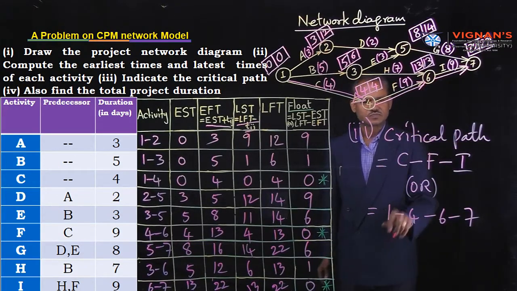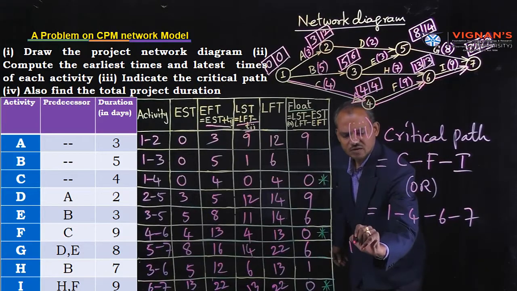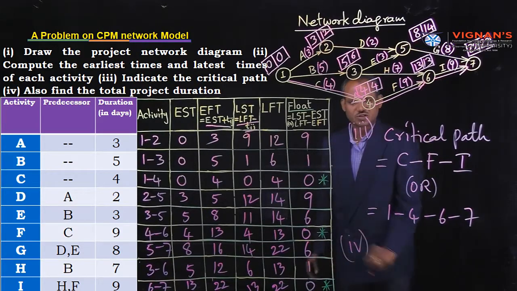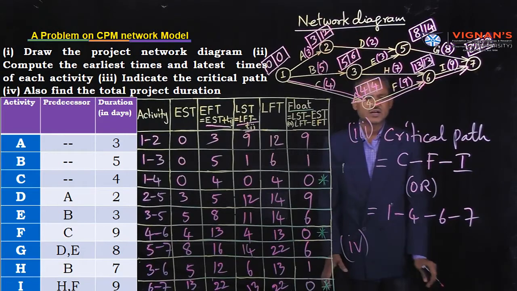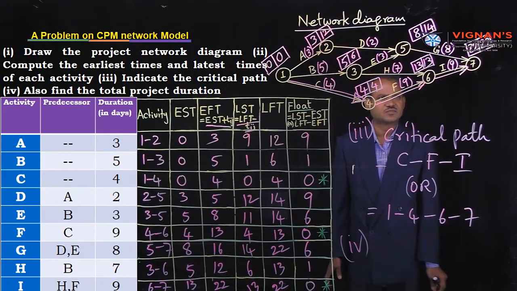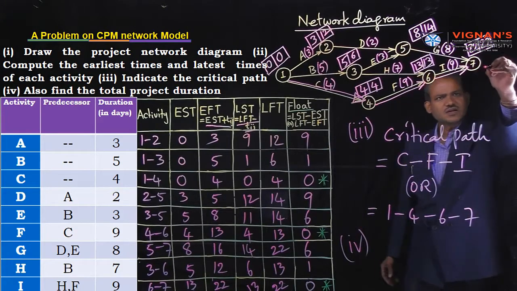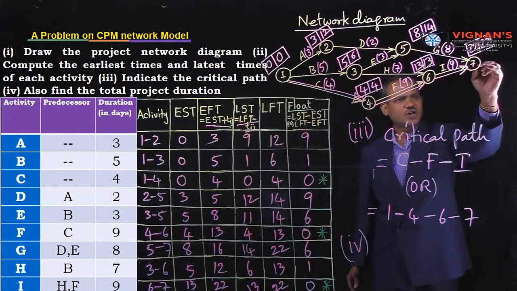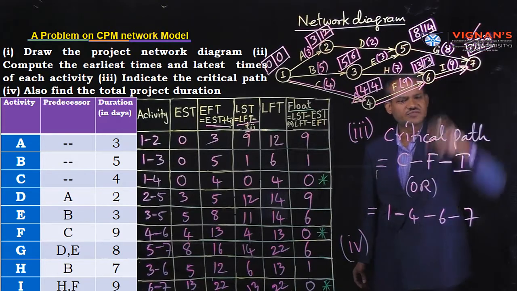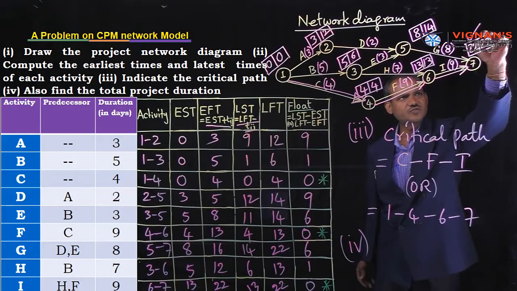Okay. Next, the last bit, that means the fourth bit. Find the total project duration. Total project duration means observe the last node of the entire network diagram. Here, what is the value of this EFT? 22. Similarly, LFT is also 22.